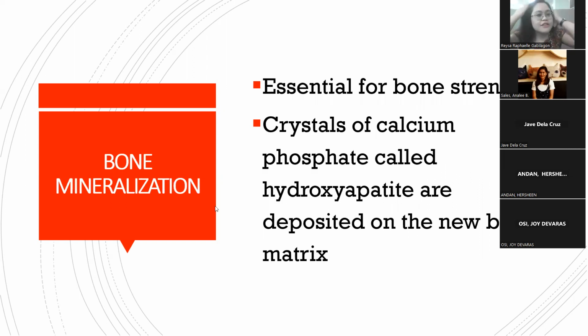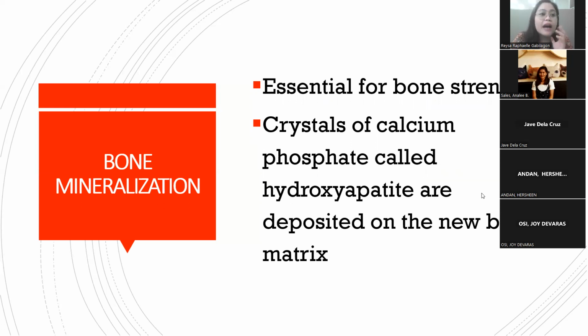Now, for us to make new bones, syempre we need minerals. Okay? For the structure and at the same time the strength of the bone. Now, the process is called bone mineralization, meaning we need to deposit minerals, especially the calcium, para mabuo yung bones natin and then maging strong siya, hindi siya basta-bastang nababali or napuputol. Okay? So again, what do we need for our bone mineralization?